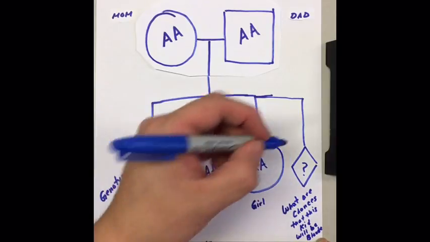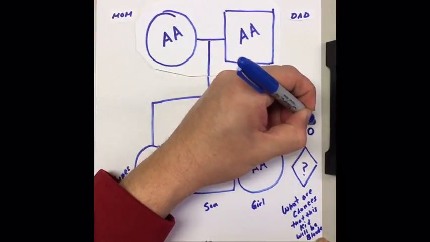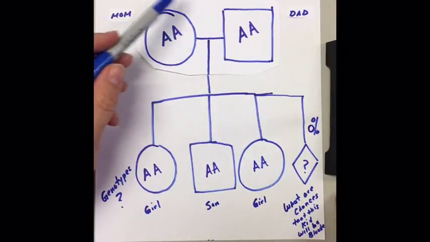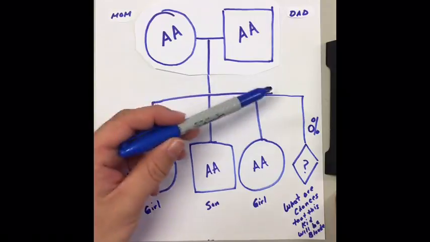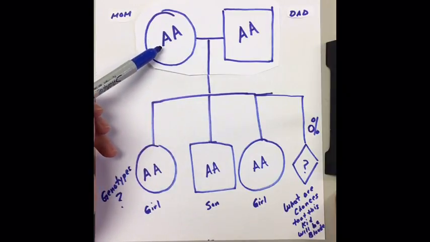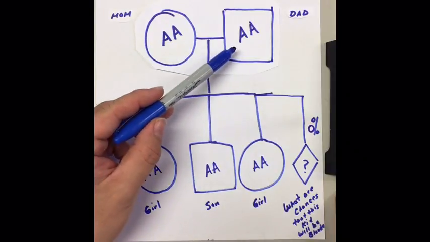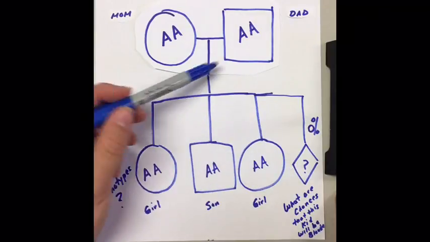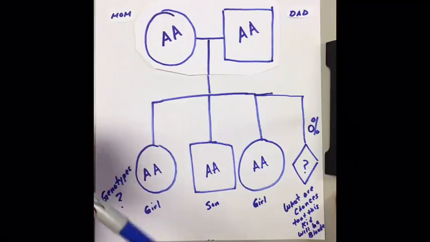And the answer to this question will be 0%. Because, remember, to be blonde, you have to get 2 recessive copies. Since mom doesn't have any little a's to give, dad doesn't have any little a's to give, there's no way that the kids will ever have blonde hair.